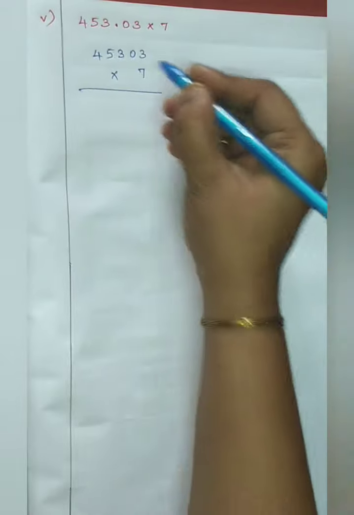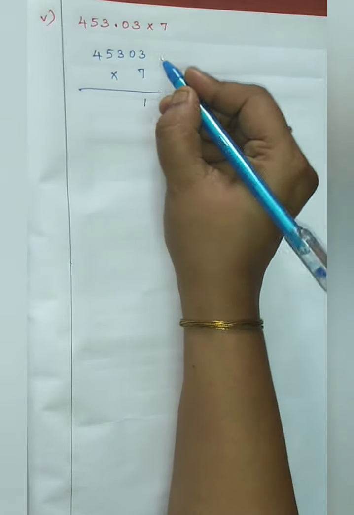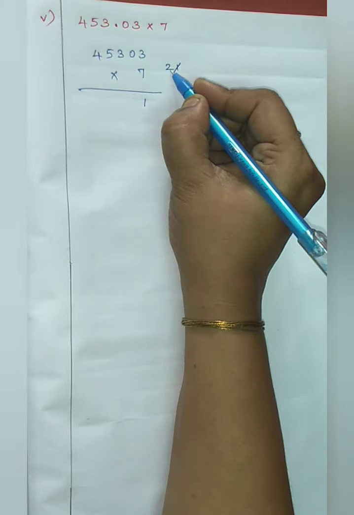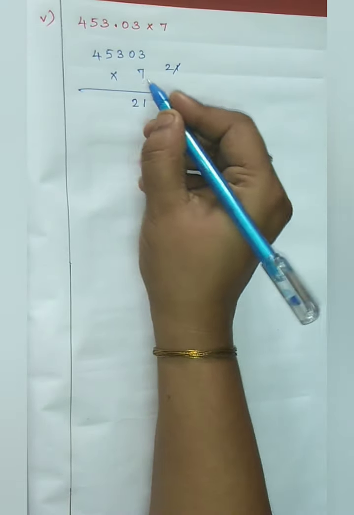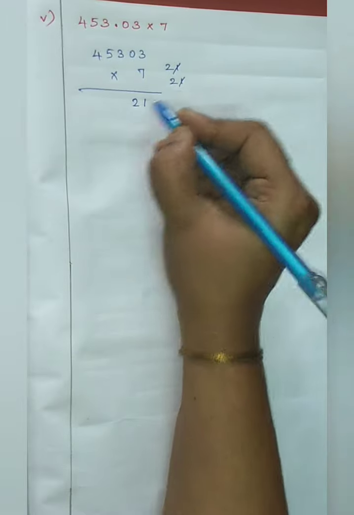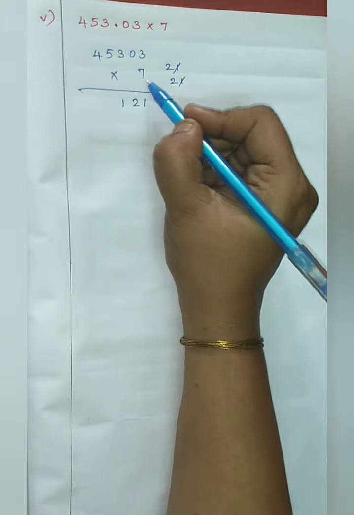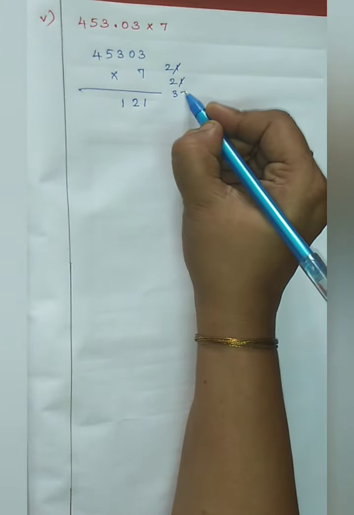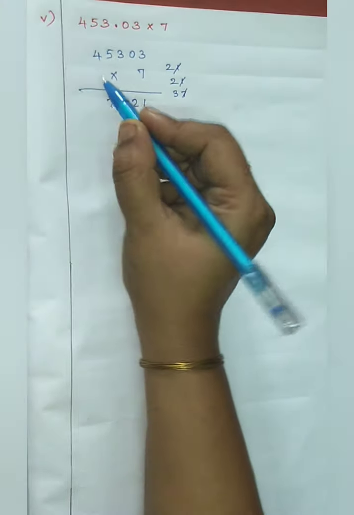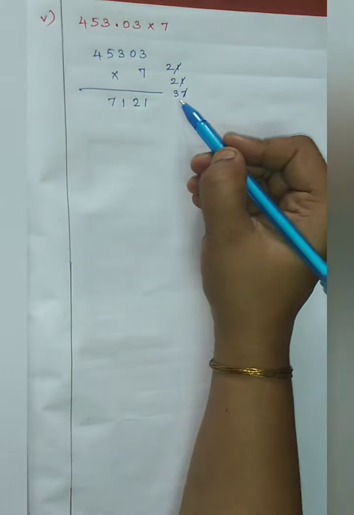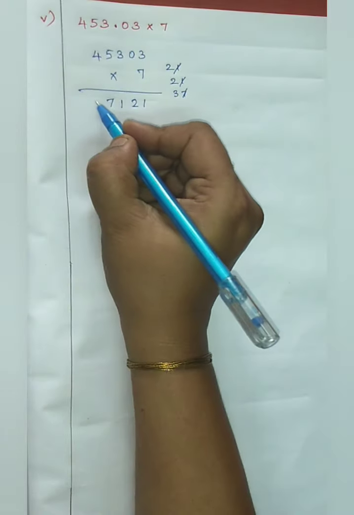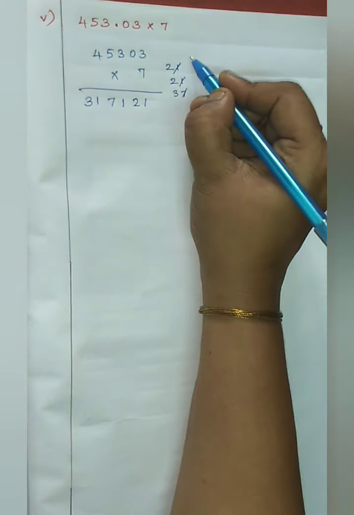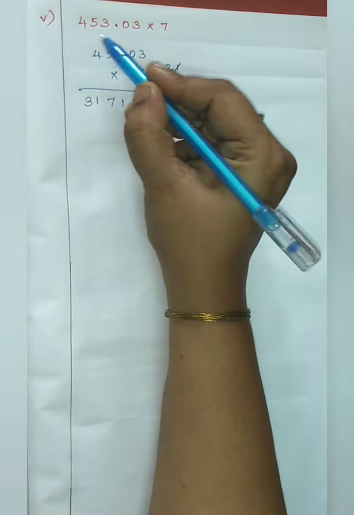Multiply and find the answer. 3 sevens are 21. 0 into 7, 0. 0 plus 2, 2. 3 sevens are 21. 5 sevens are 35. 35 plus 2, 37. 4 sevens are 28. 28 plus 3, 31. Now keep the decimal point.